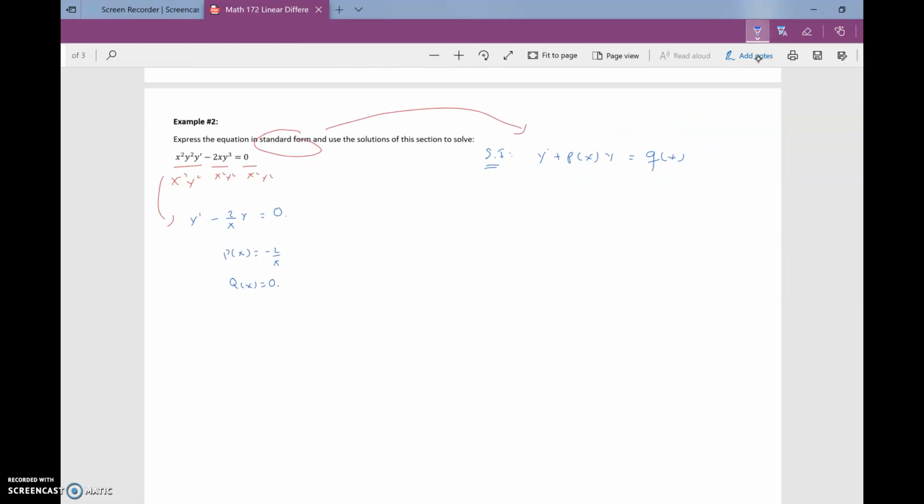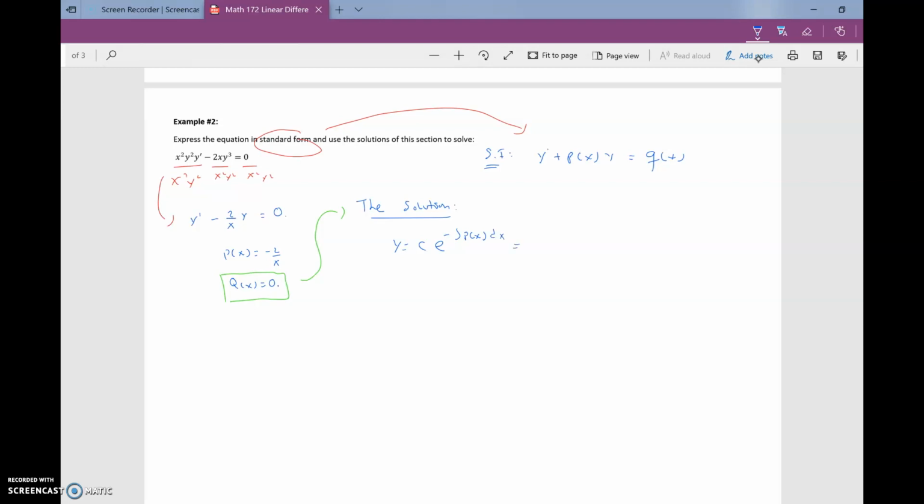And because our q of x is equal to 0, we have a specific way of writing or finding a solution. So in this case, a solution should be that y is equal to c e to the negative integral of p of x dx.